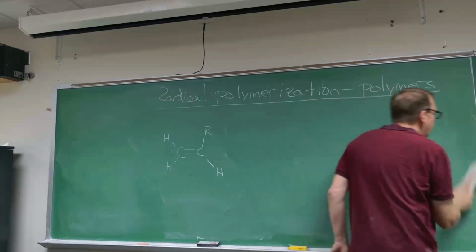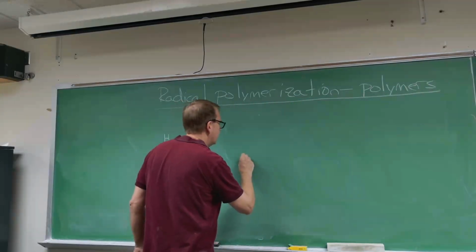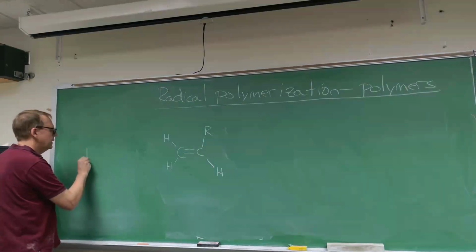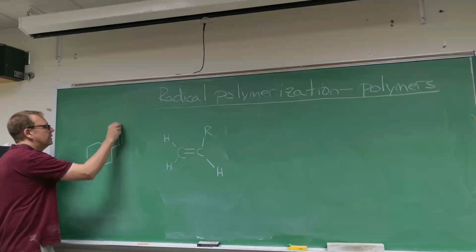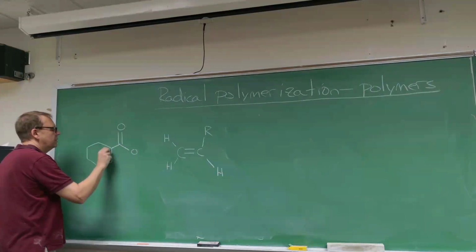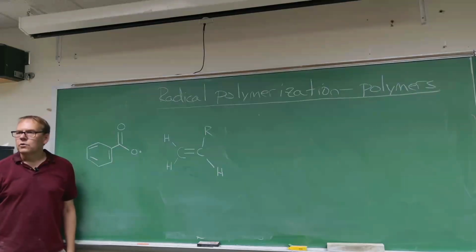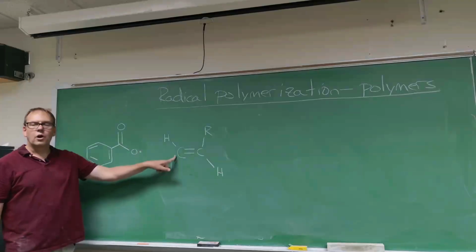So when the monomer comes into contact with this initiator, I'm going to draw the initiator over here. The way it works with the polymerization reaction is that the O dot reacts with one of the electrons in the pi bond to form a new oxygen-carbon single bond.